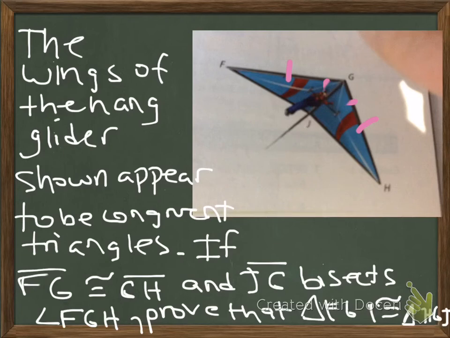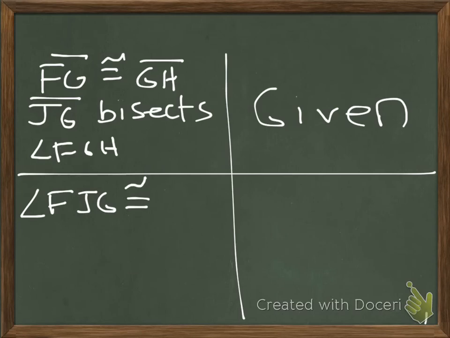Whoops, I read that angle wrong. These two angles, because this is bisected. FGH, so not FJH, it's FGH. So these two angles are congruent. FGJ is congruent to HGJ.